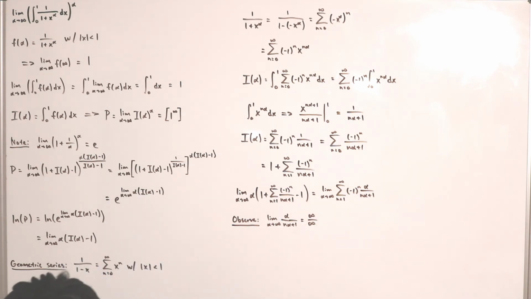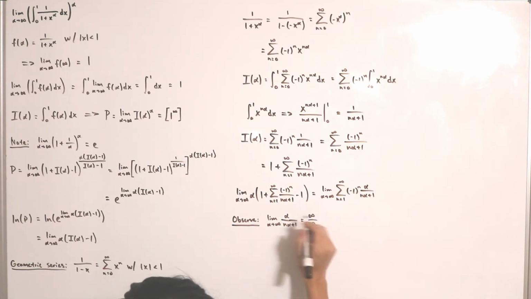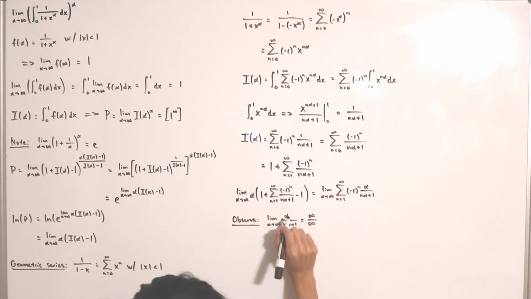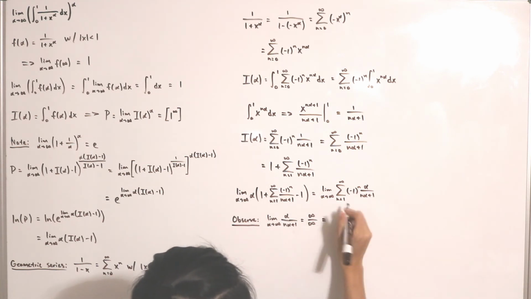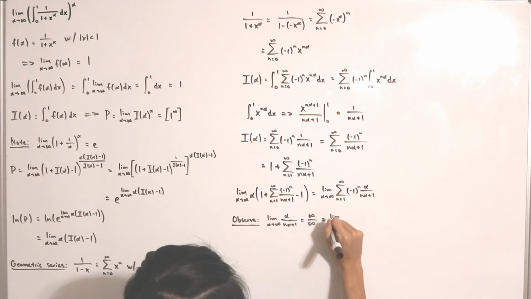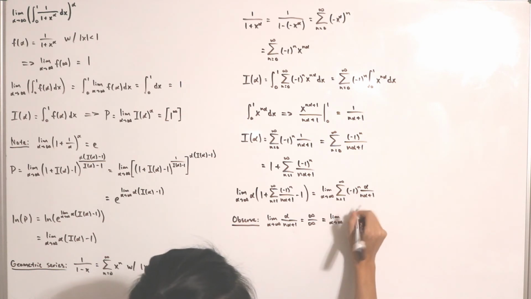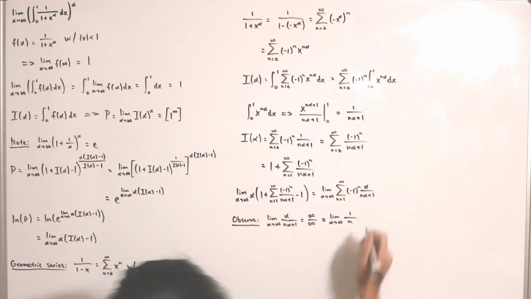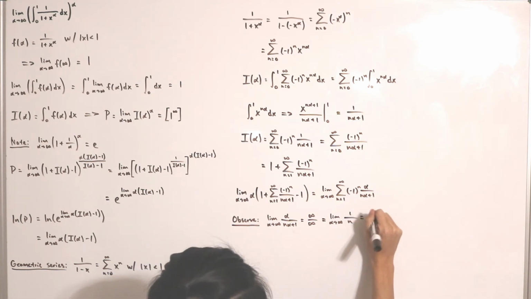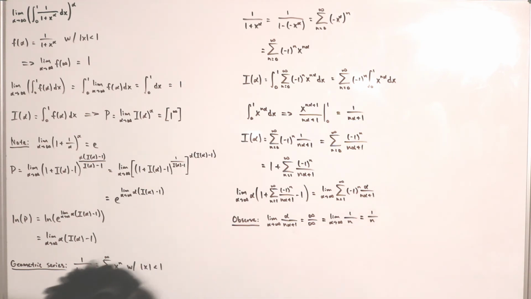So we can use L'Hopital's rule and take the derivative of the numerator and denominator with respect to alpha. We get the limit as alpha approaches infinity of 1 divided by n, but there is no alpha in this term, so the limit simply tends to 1 over n.